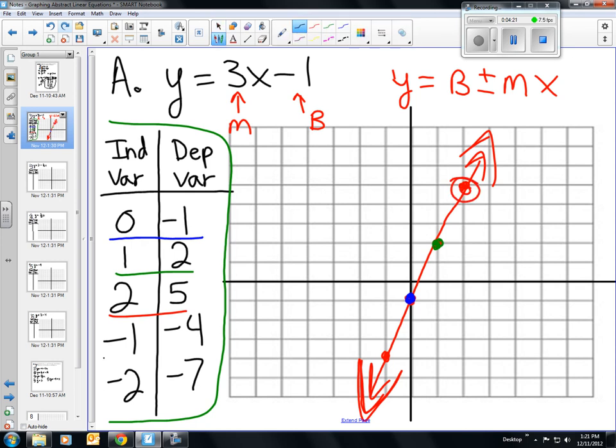And the negative 1, negative 4 solution is this one. You could keep going forever and ever. So the graph here, the red line, is the set of all the solutions, and the chart is just a set of 5 solutions. Now let's look at part B.